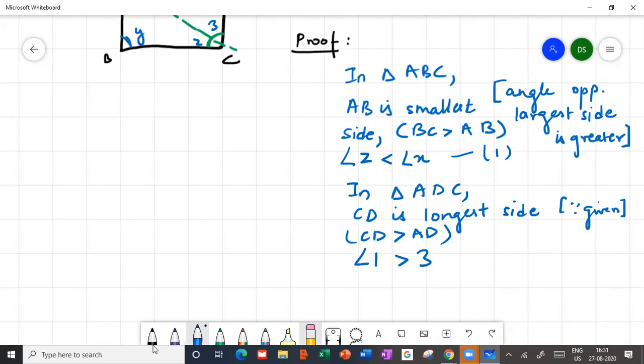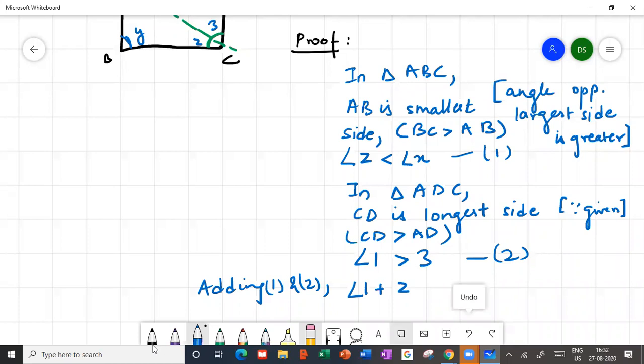So what will I do? I will just add 1 and Z. Okay, in this case I might have to show you some operations of inequalities. Fine, I'll do that. So I can't just add them directly.